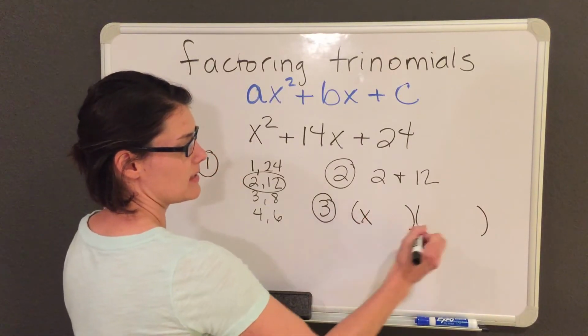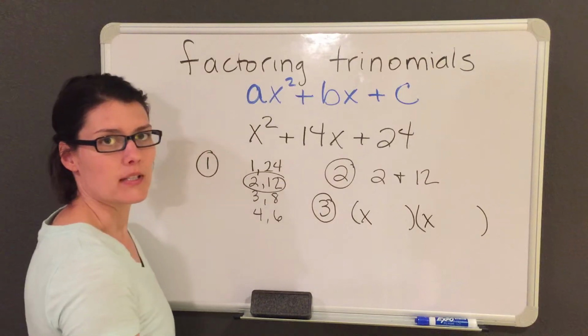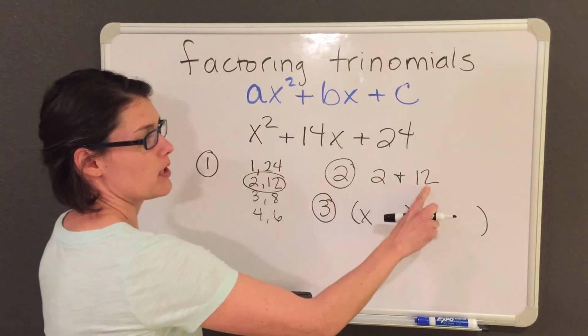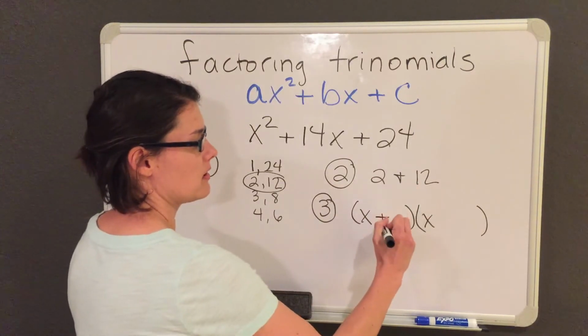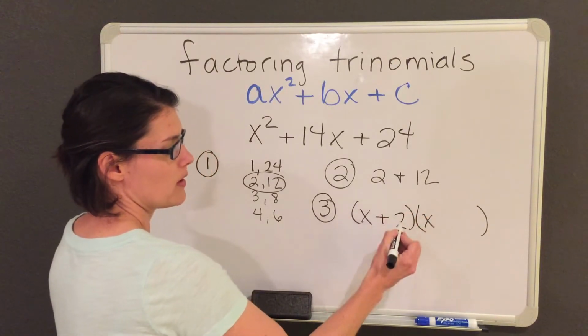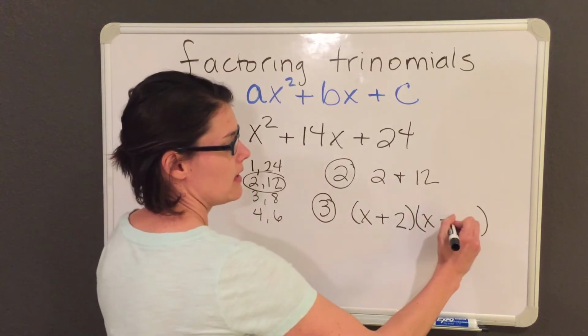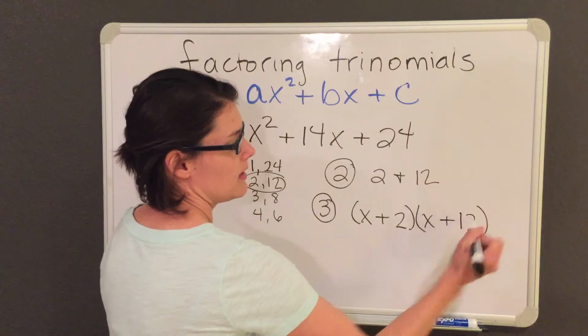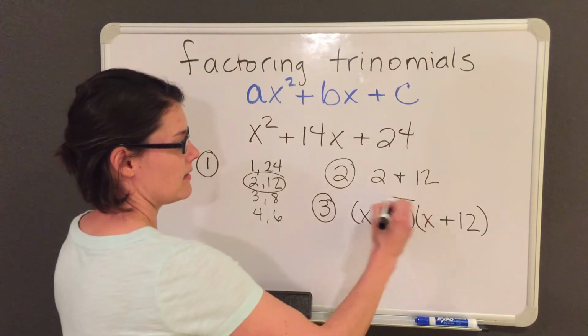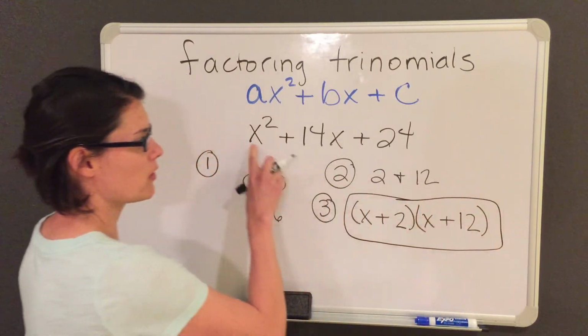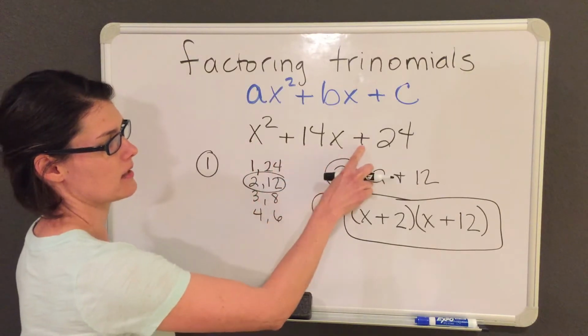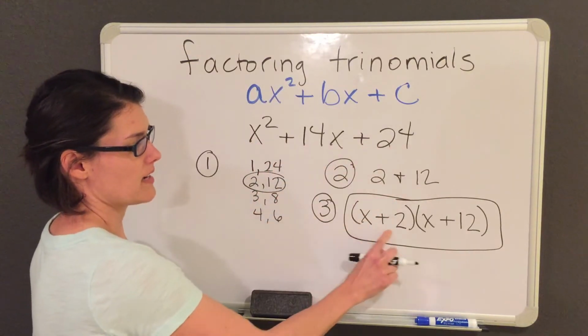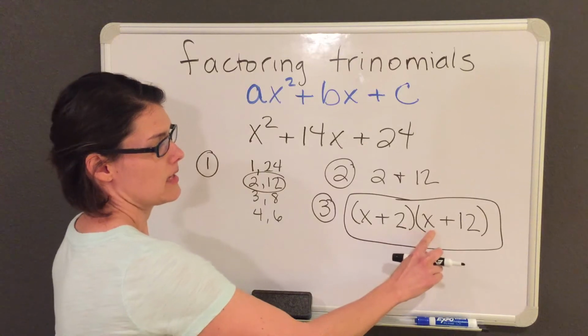You will have an x in the first spot in each parentheses, and then I'm going to put my 2 factors. I'll put the 2 in the first parentheses, and I'll put the 12 in the second. And so your factors for x squared plus 14x plus 24 are x plus 2 and x plus 12.